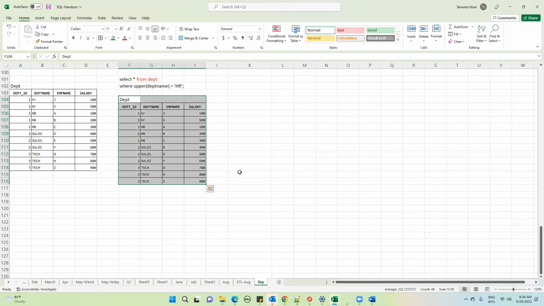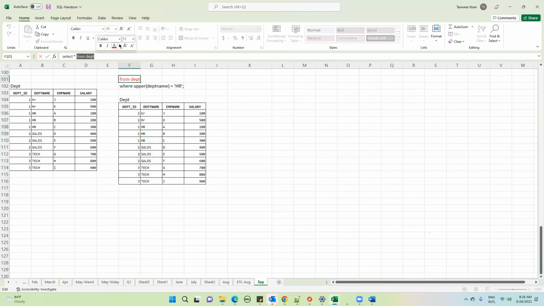Any questions so far? Is this clear so far? Okay. The FROM task is done. Let me change the color from red to green. This is over. After FROM, which keyword will be executed? WHERE. After FROM, the WHERE keyword will be executed.